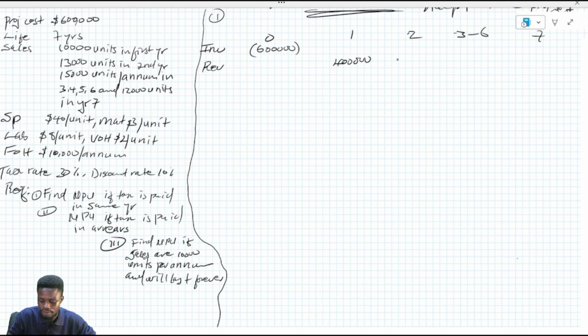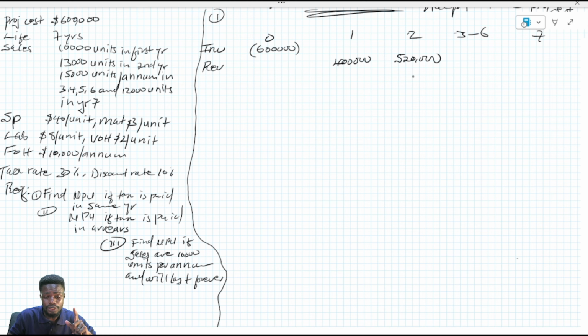How about year two? What will be your revenue in year two? You sold 13,000 units. So when you calculate that, it's going to give you 520,000. That will be your revenue. So your revenue from year three to year six now. Why are we doing year three to year six instead of getting them separately?